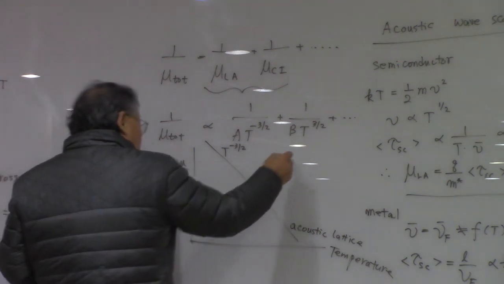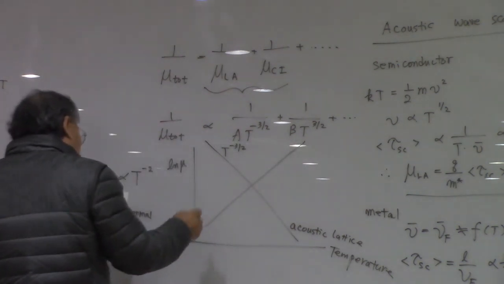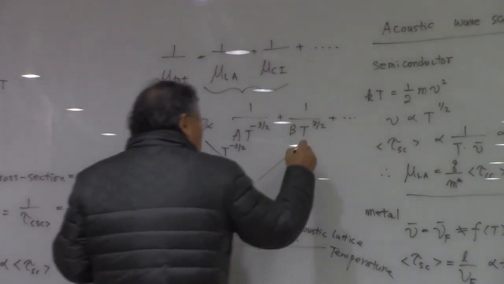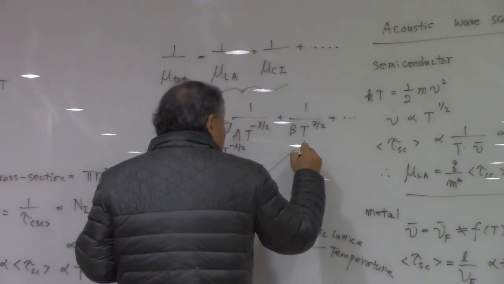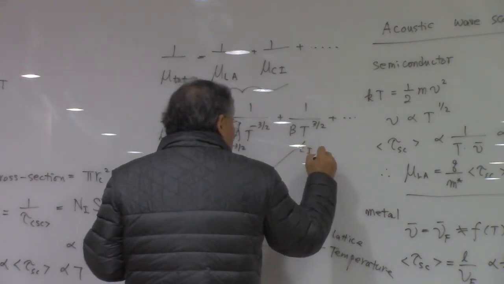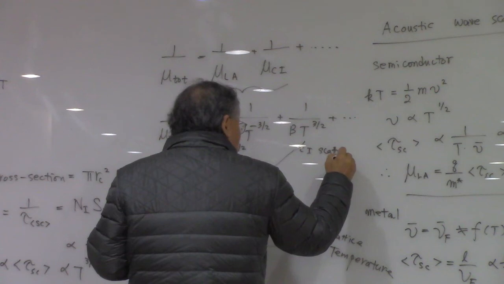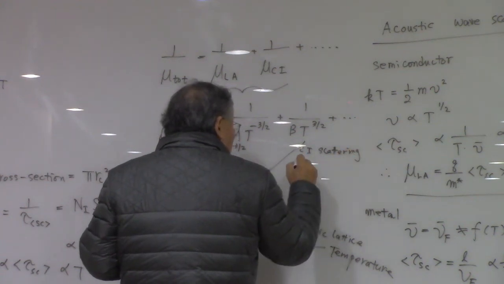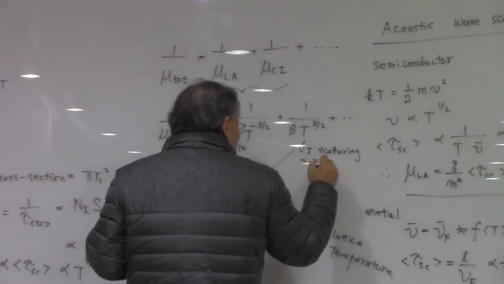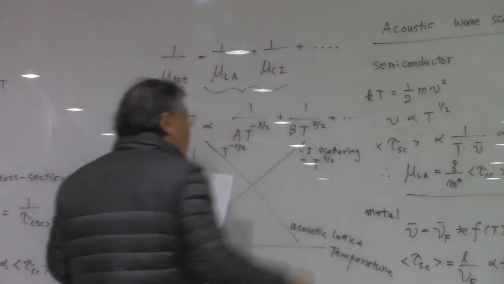And then the other straight line for the charged impurity scattering, and that is T to the 3/2.